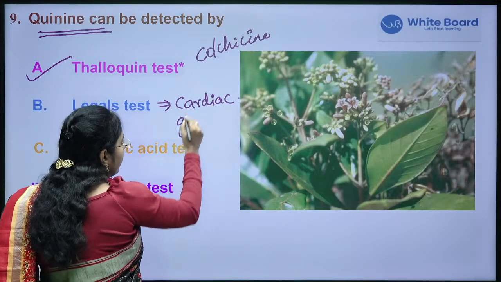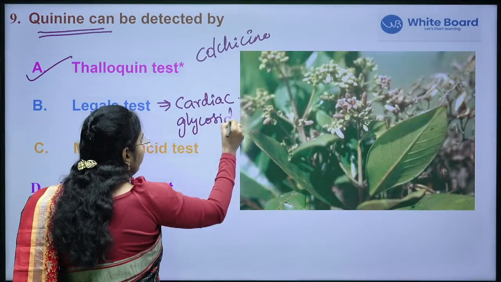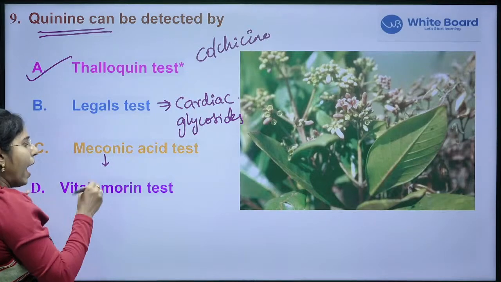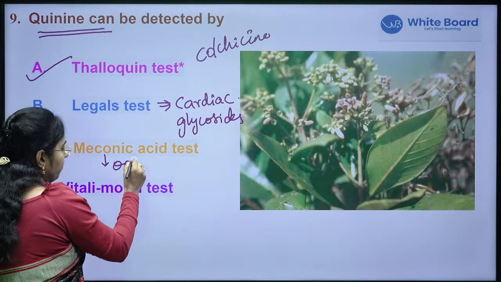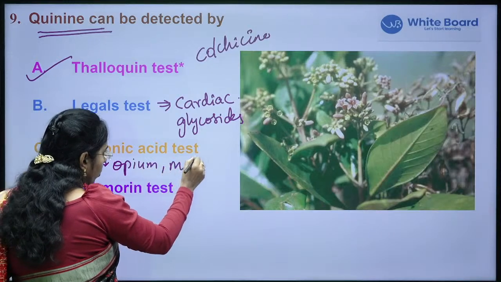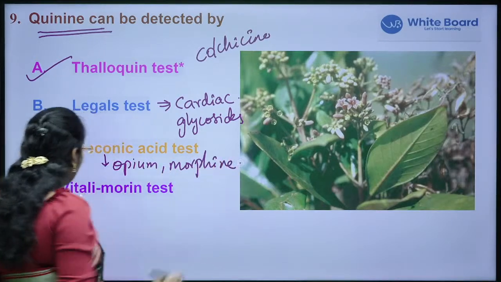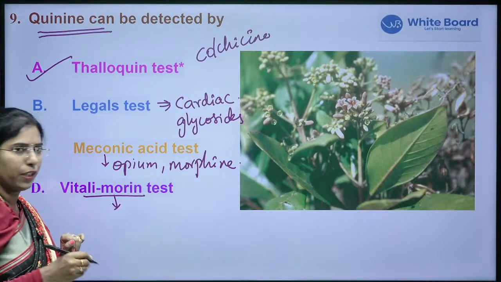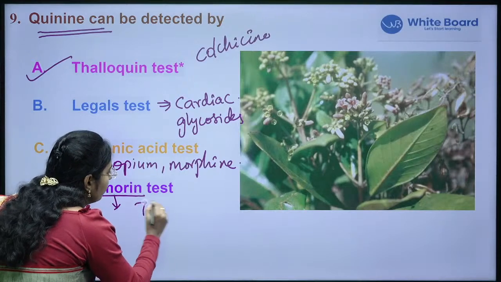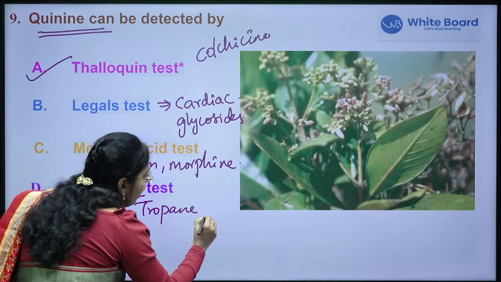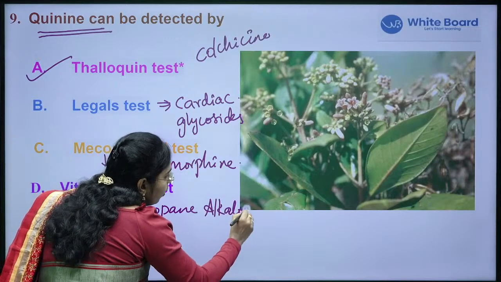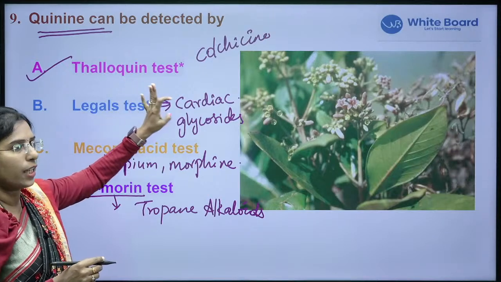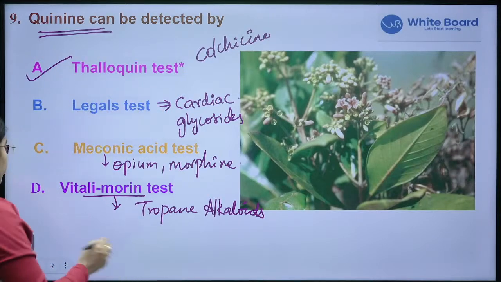The meconic acid test is used for identification of opium, morphine alkaloids. The Vitali-Morin test is used for identification of tropane alkaloids. So the correct answer is the thalleoquin test, used for detection of quinine and colchicine.